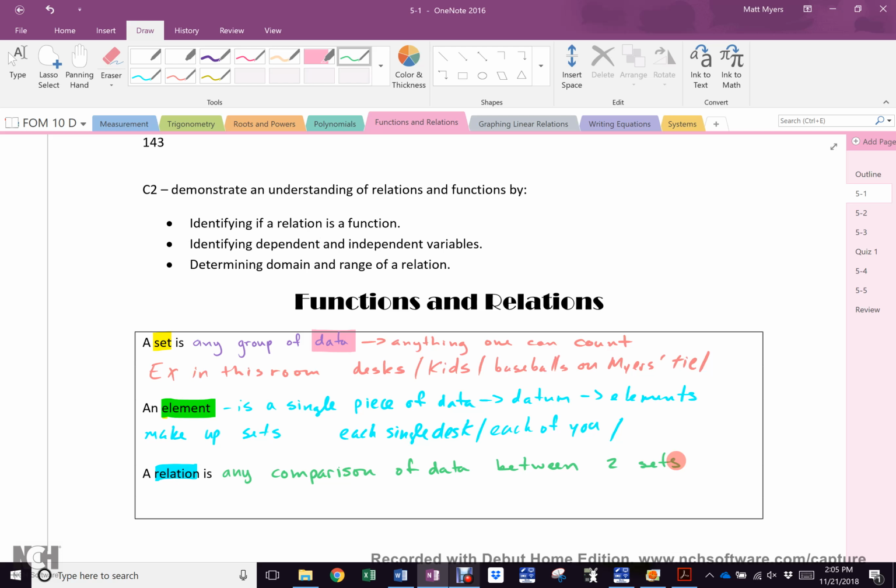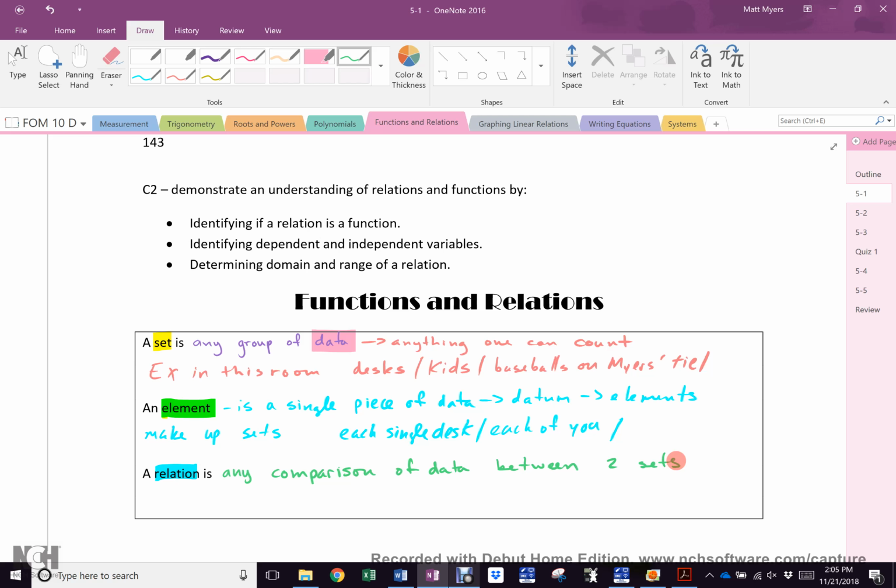Now, in my other class, half the year has been spent with 3 dudes sitting at the back 2 desks. So, how many elements from the first set, kids, relate to elements from the second set? There's 3 kids relating to 2 desks. Everybody with me?